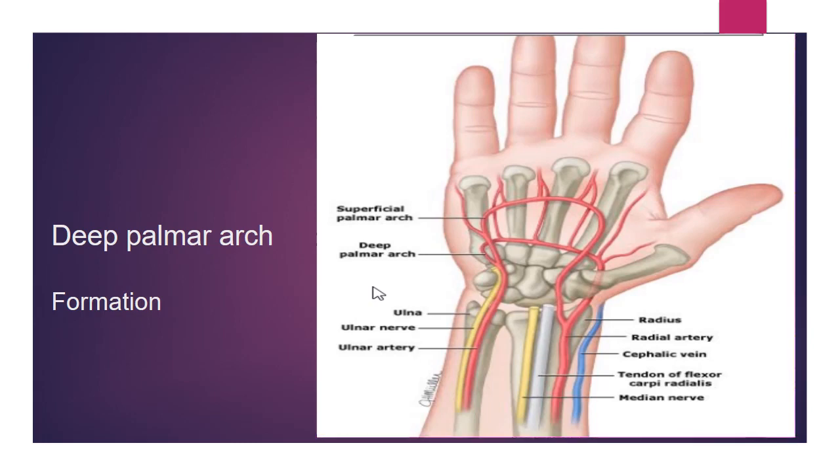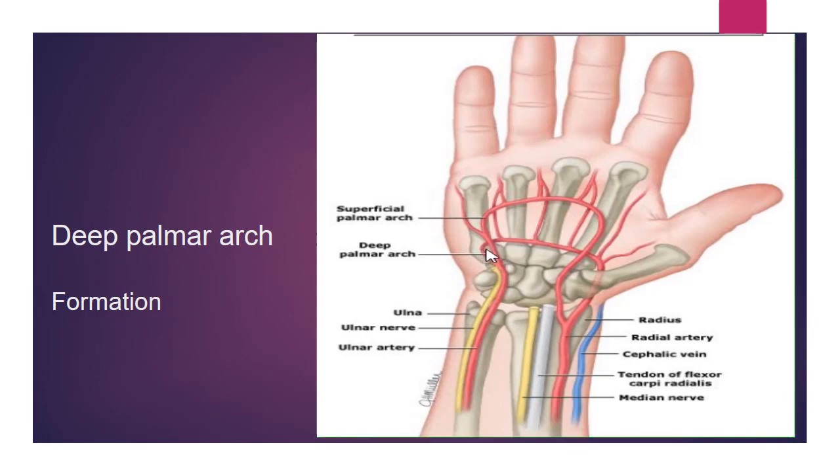Talking about the formation of deep palmar arch, it is formed mainly by the terminal branch of the radial artery. This is the radial artery. This is the deep terminal branch of radial artery, which is completed medially by the deep palmar branch of the ulnar artery, this one.